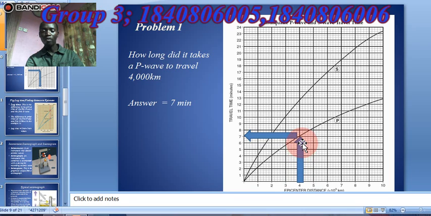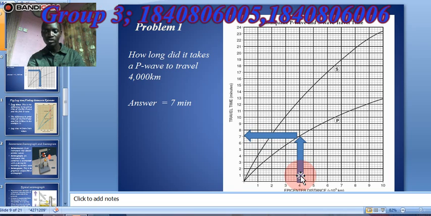At the point where it touches, we now refer to the vertical axis and see the time on the time axis, the number of minutes. So as you can see, it requires 7 minutes to travel a distance of 4,000 kilometers, and you can still make some meaning out of this.